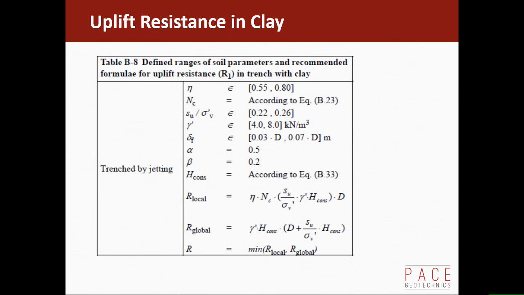Then I would stick to the equations I showed you. This is in DNV, but I would tend to use the equation I showed you rather than those two, although you end up with a very similar value. With H consol is trying to say that this clay is consolidated, so how do you allow for that?